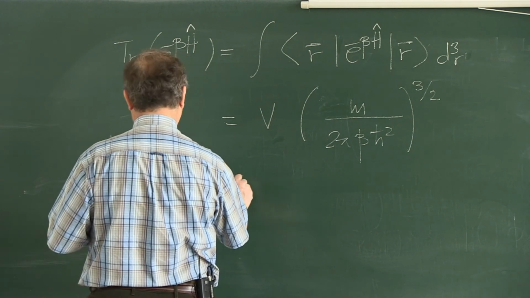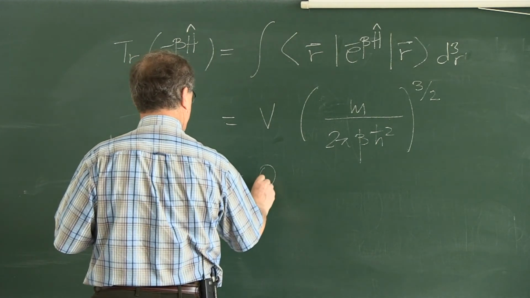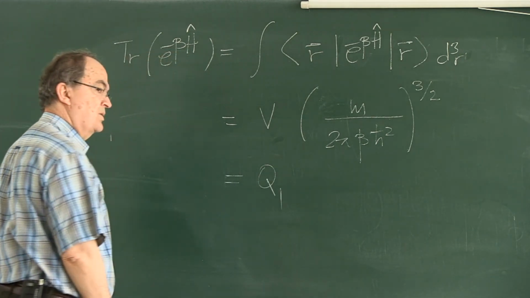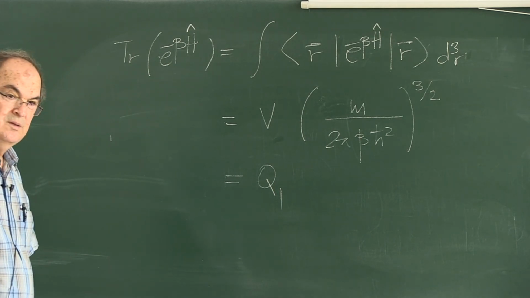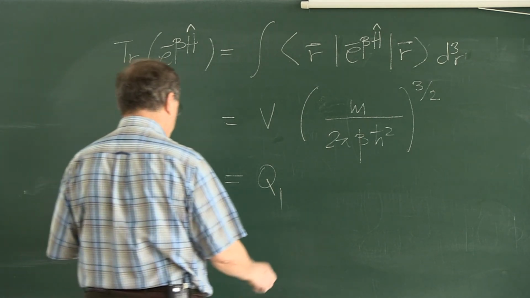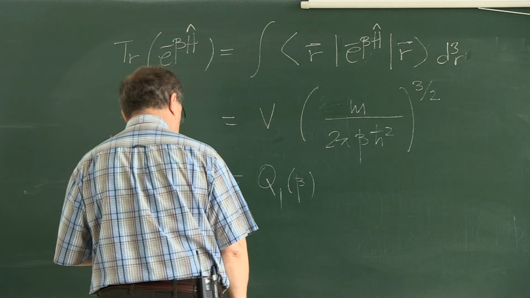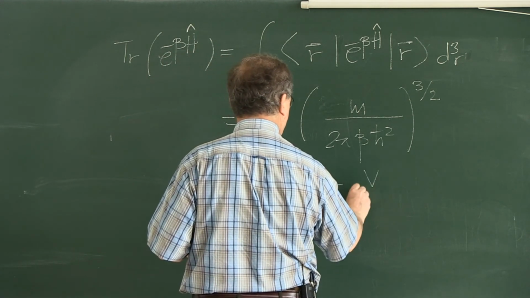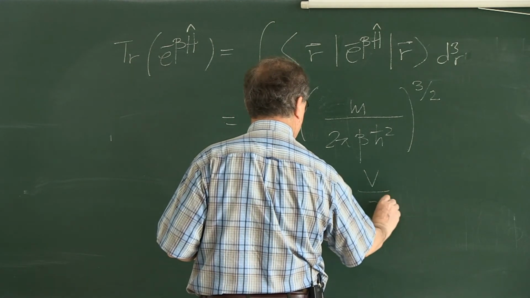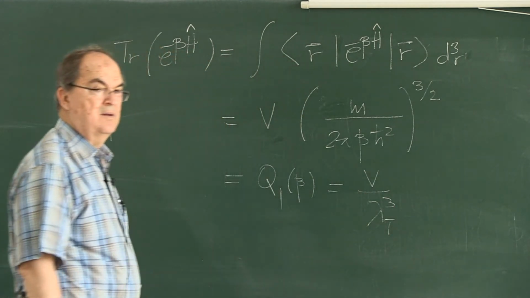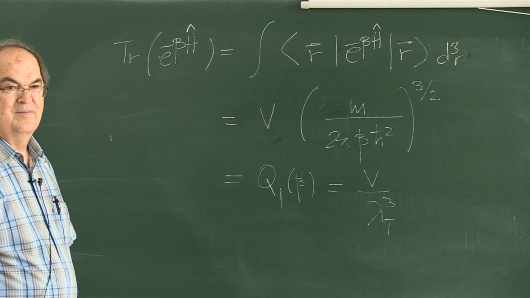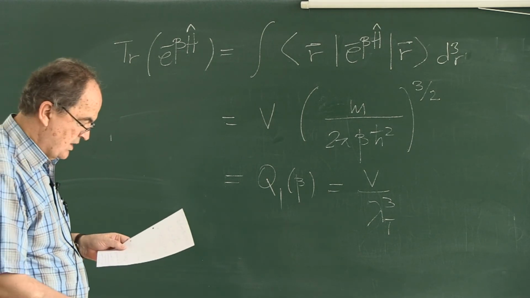This is nothing but the one particle canonical partition function, Q1 beta, and it is nothing but V over lambda T cubed, isn't it? Check it.